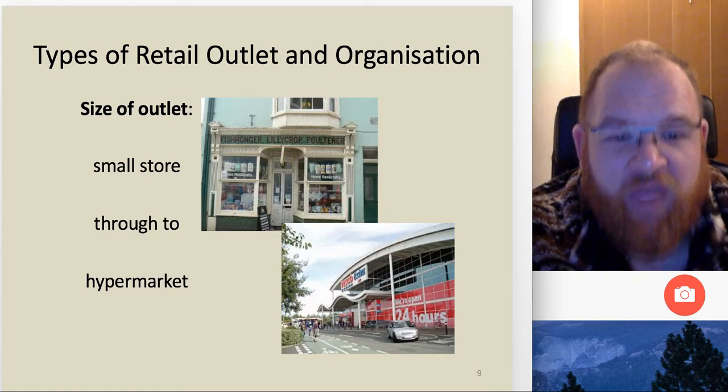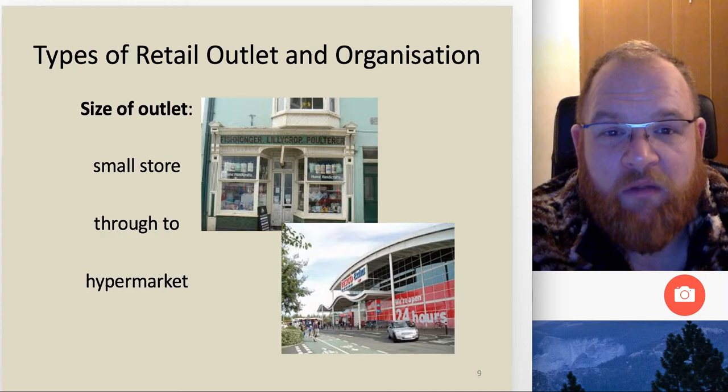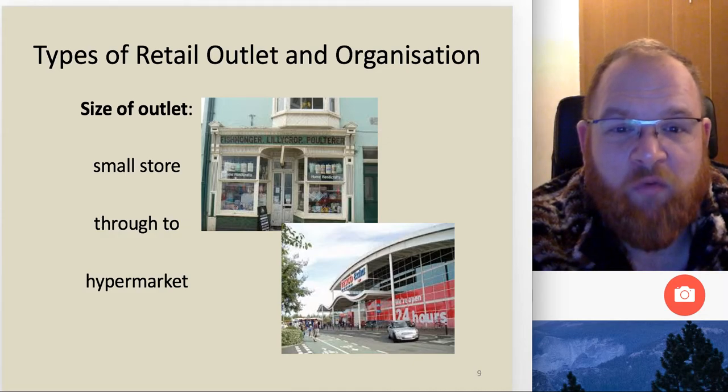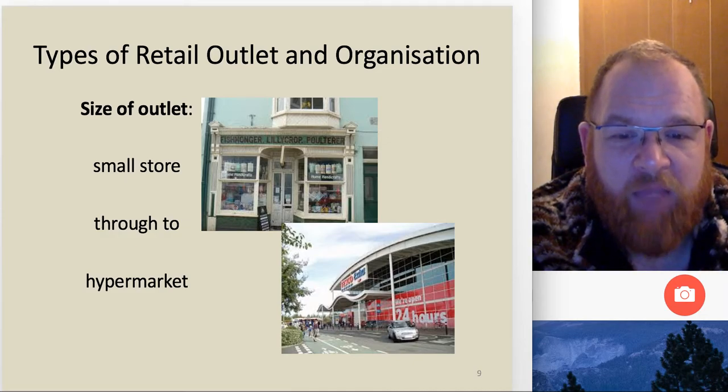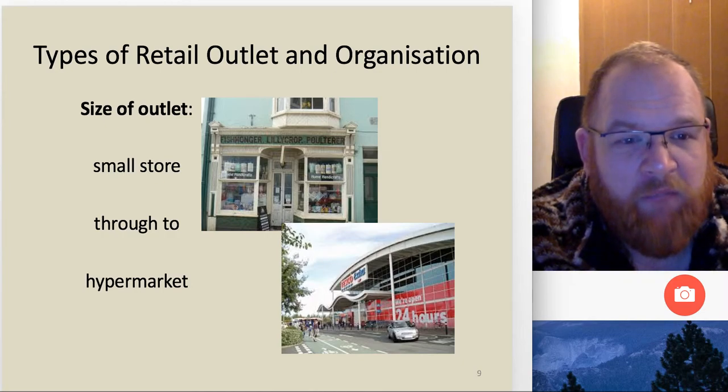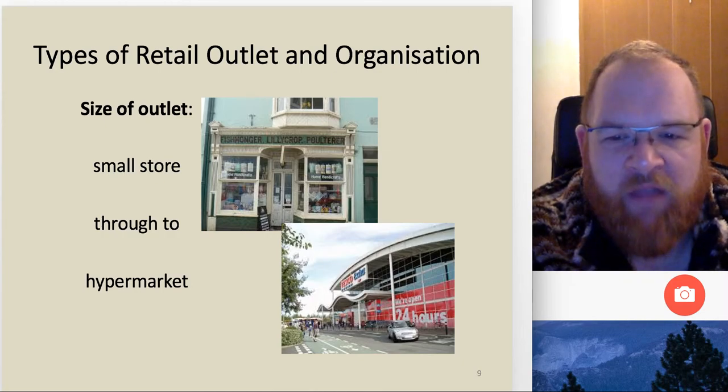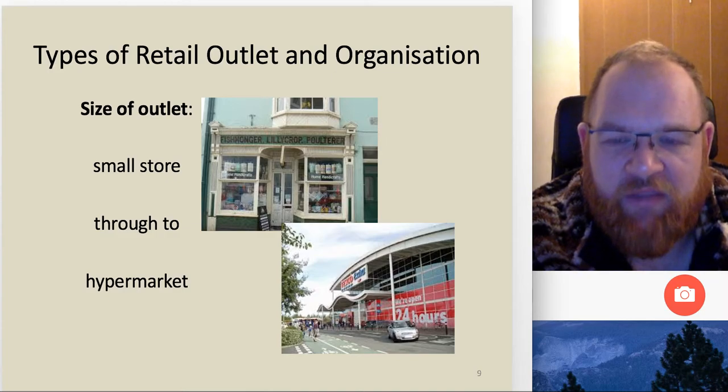We can group by size, which goes from everything from individual independent stores right through to the absolutely massive Tesco Extras and other hypermarkets where you can get everything.